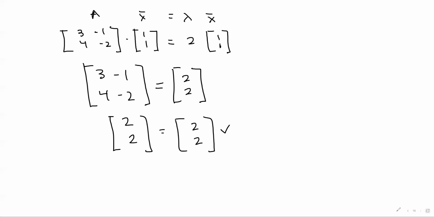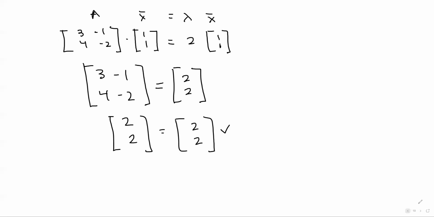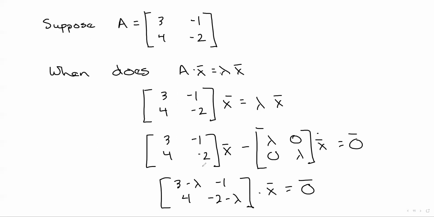So if lambda equals -1, what we're doing is we're going all the way back to here and plugging -1 into this. So if we plug -1 in, what's going to happen?